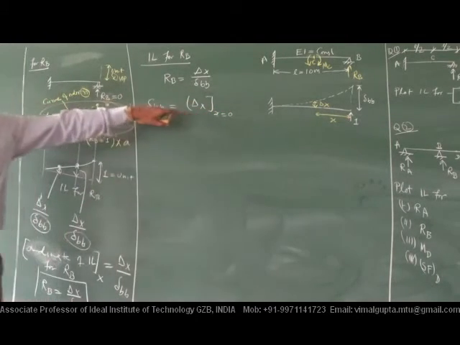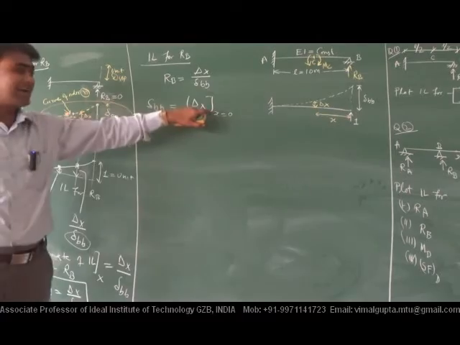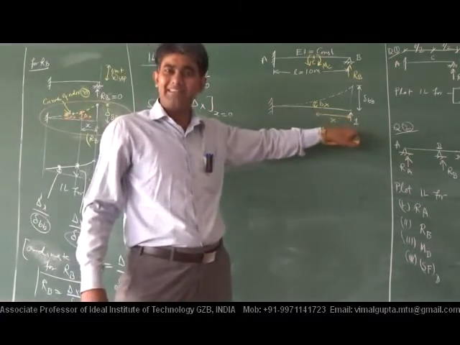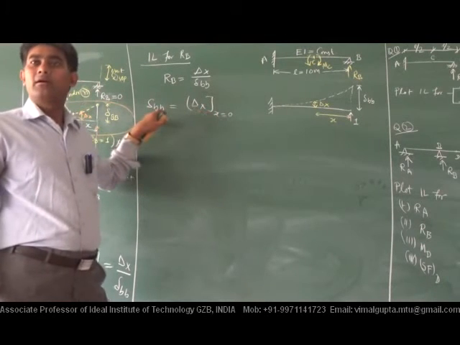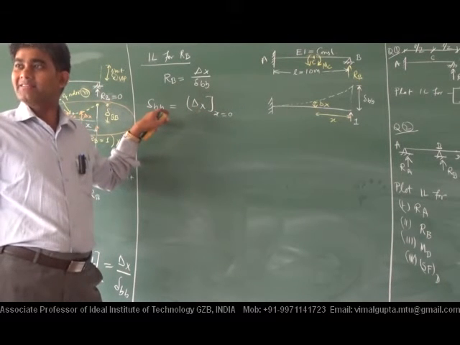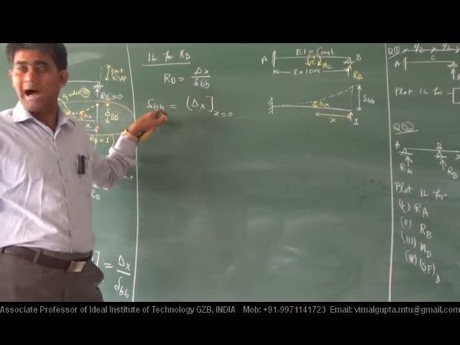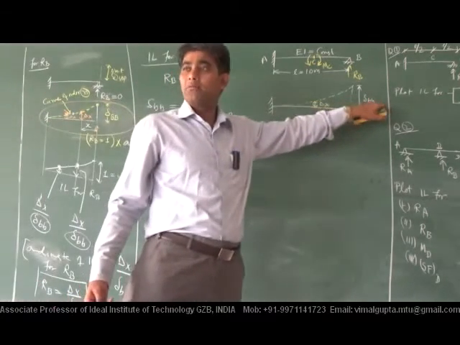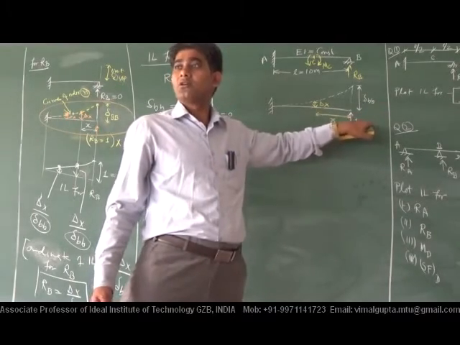Is it clear? Del x at point x equal to 0 for this case is del BB. Deflection ही तो है. All del x and del BB both are the displacement due to this unit load, है ना?